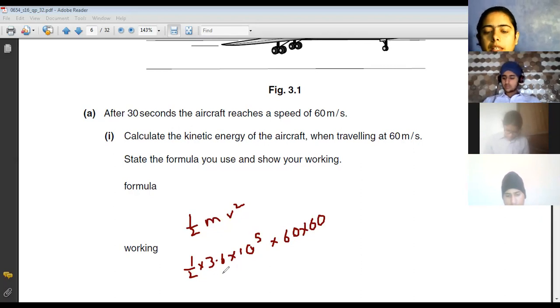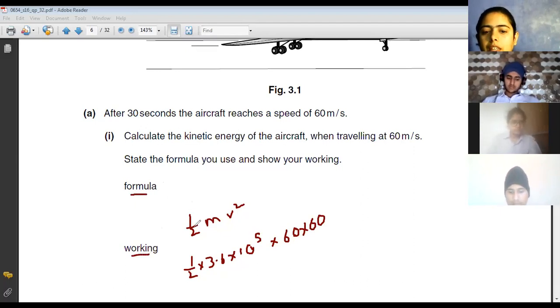Mass is 3.6 into 10 raised to power 5. Velocity square, so it is 60 multiplied by 60. Children, one thing to say over here: state the formula, then do the working.